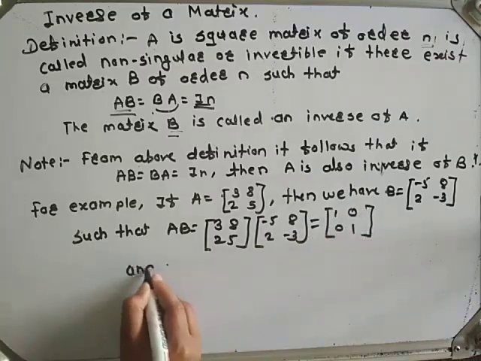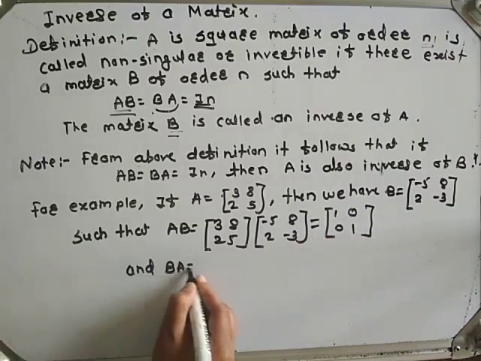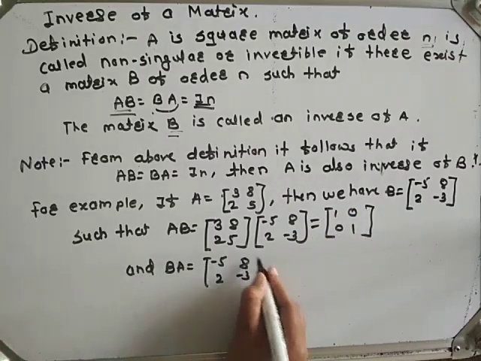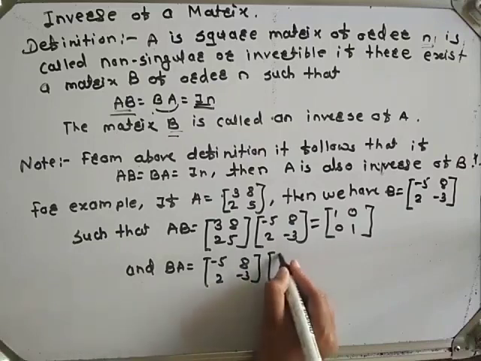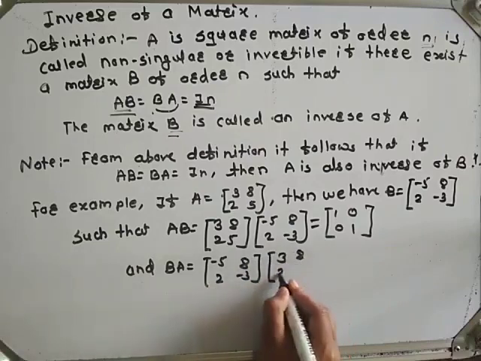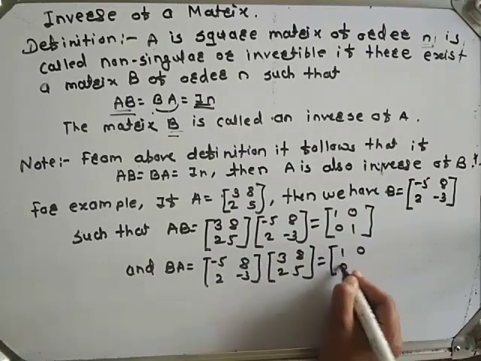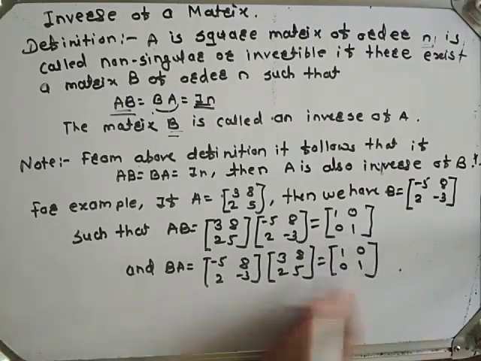Similarly, B into A is minus 5, 8, 2, minus 3 into matrix 3, 8, 2, 5, which is equal to matrix 1, 0, 0, 1.